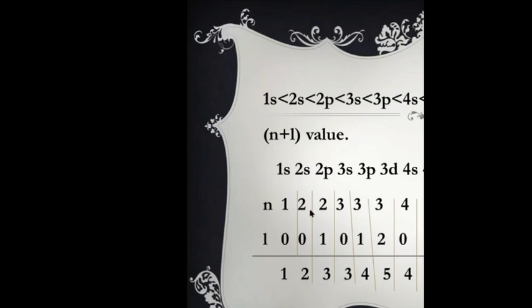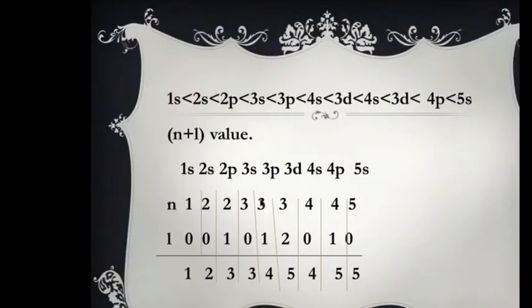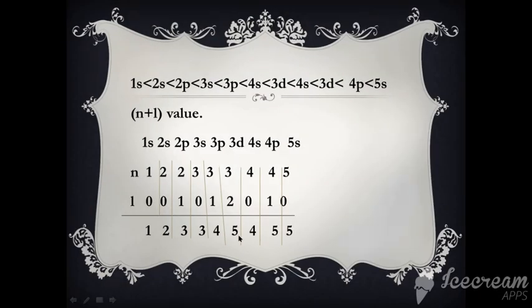In that case, I have to see the lesser principal quantum number. So 2p is lesser when compared with 3s. So I will write 2p, then 3s. After writing 3s, I have to see 3p. See, it comes as 5. But 4s comes as 4, so I will write 4s.